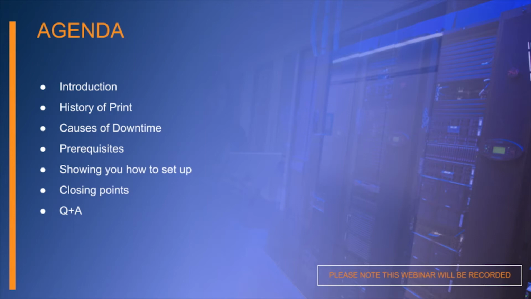What are some of the things that will cause the servers hosting our applications to fall over? Then we're going to cover what we need in order to get started building out this highly available solution. Then we're going to hand over to Rob, and once we've got all of these bits, he's going to show us how we can set it up. And then we'll have a few closing points and time for a Q&A.